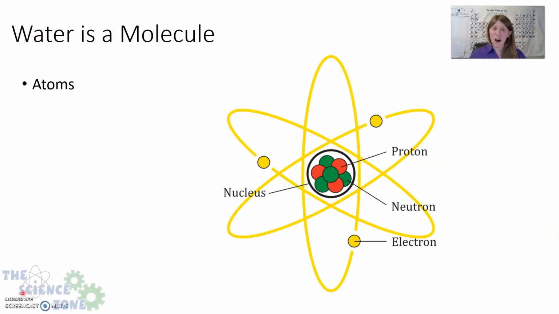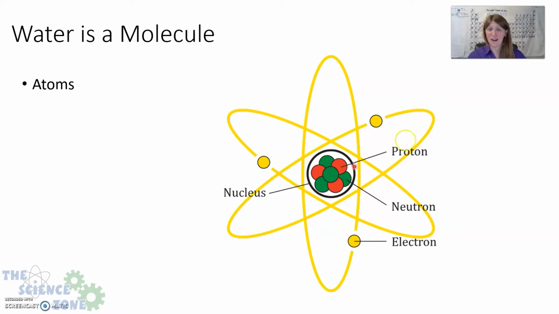To understand water, we first have to understand atoms. Atoms are the building blocks of molecules. When we look at atoms, they have a few different parts that we need to talk about. In the middle is what we call the nucleus. The nucleus is composed of protons, which carry a positive charge, and neutrons that don't carry a charge.